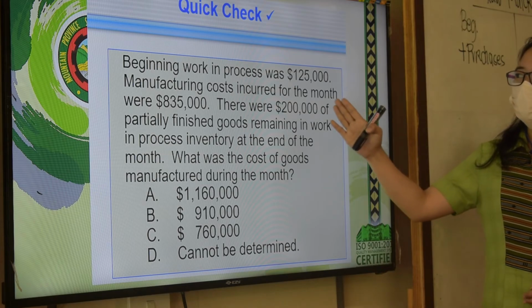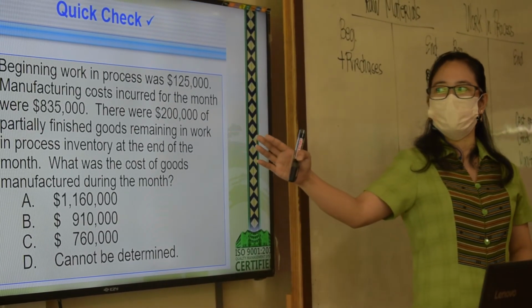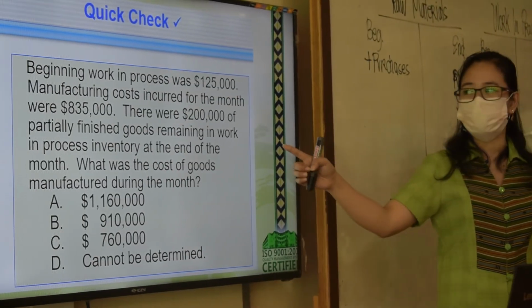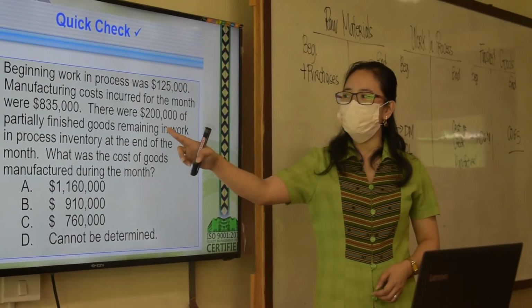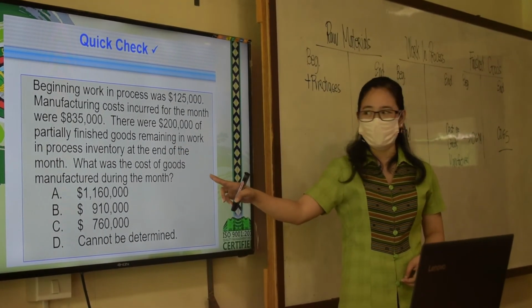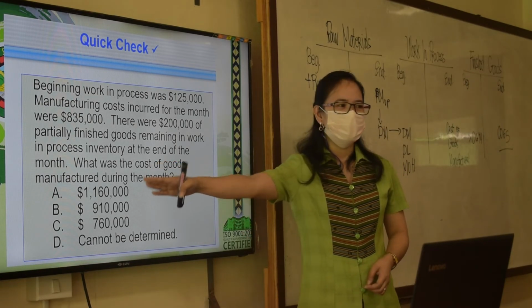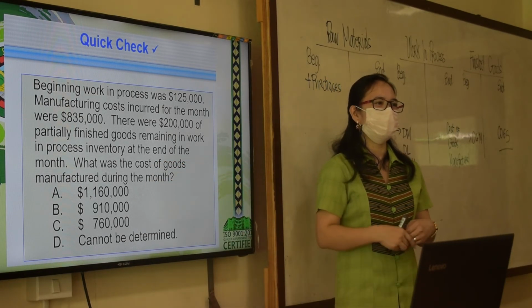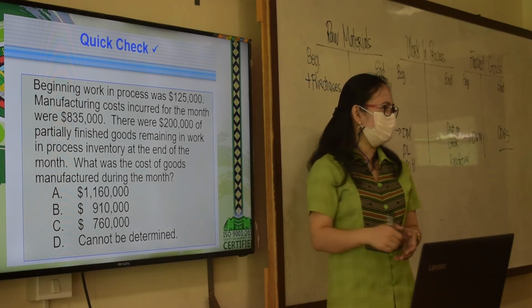Beginning working process was 125,000. Manufacturing costs incurred for the month were 835,000. There were 200,000 of partially finished goods remaining in working process inventory. What was the cost of goods manufactured? Cost of goods manufactured.